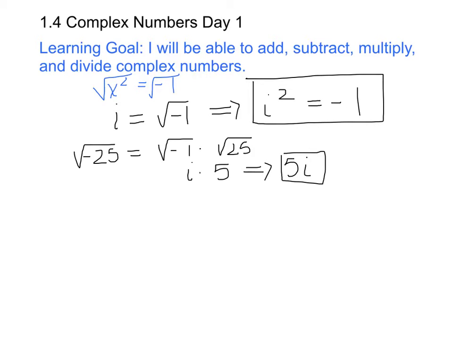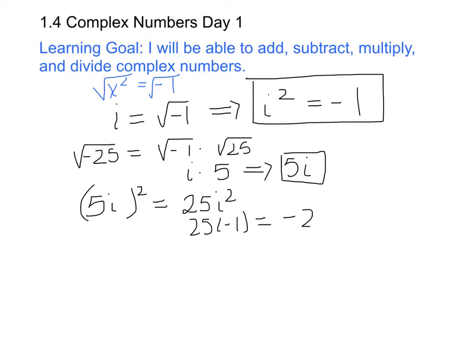Okay, so to help us simplify the square root of -1, we use i. And if you have something like 5i squared, or let's put the square on the outside, that would be 25i squared, but i squared equals -1, so that answer would be -25.